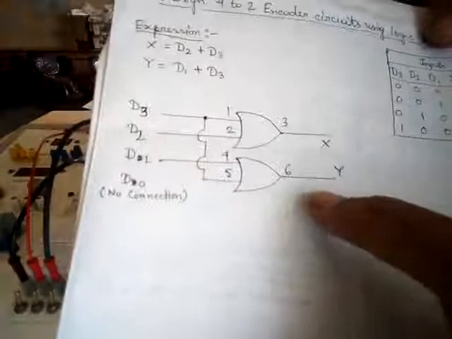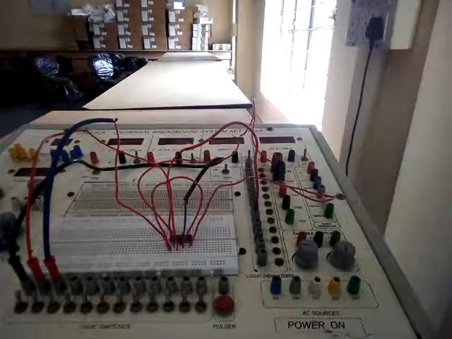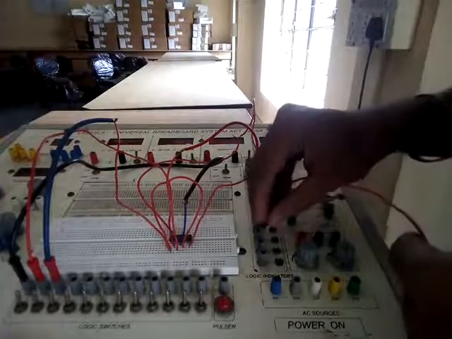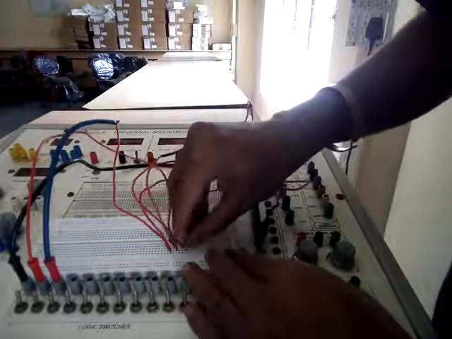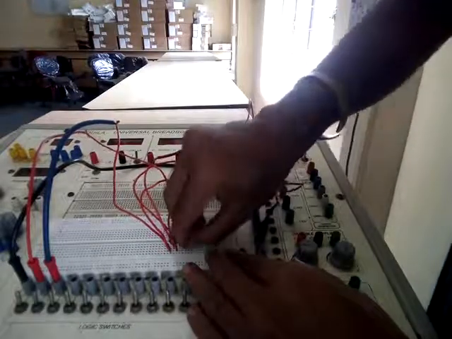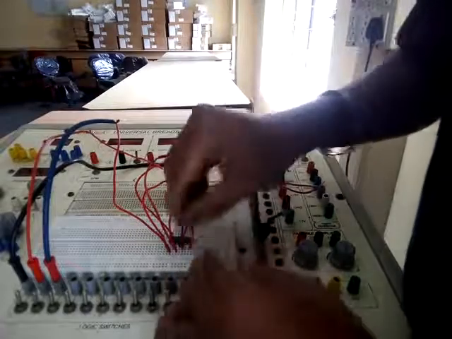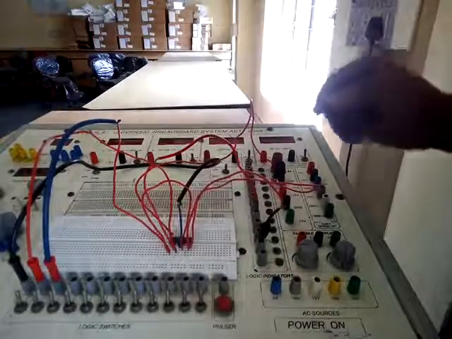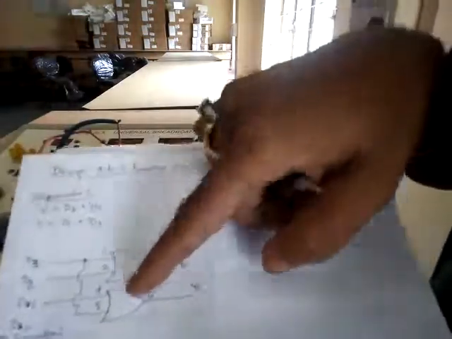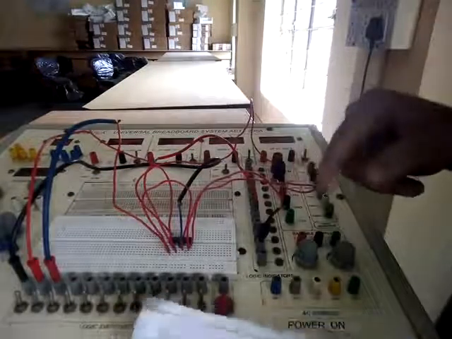Next another output, that is Y, from pin number 6. Before the connection, you have to check these two gates, then design the circuit.